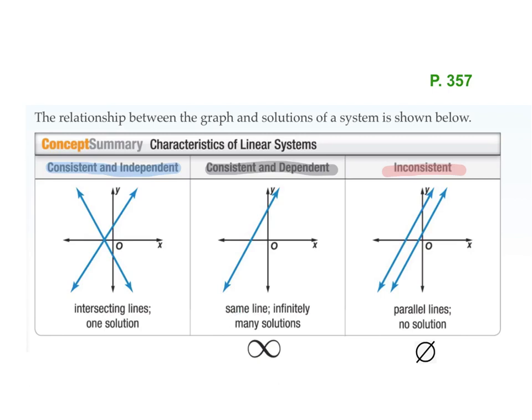Parallel lines are lines that never, ever intersect, which means there is no solution. So we can connect what we did on Friday back to some graphs and visuals of what's happening with these systems of equations. Now we're going to go through some examples.